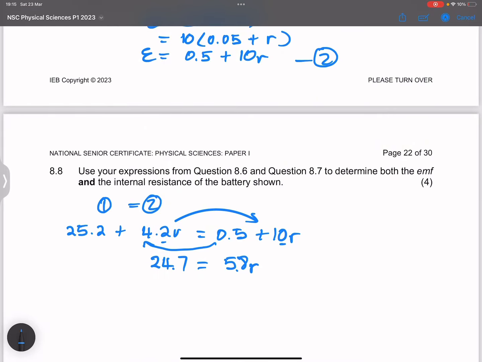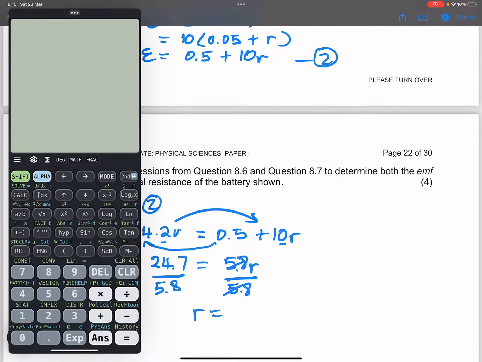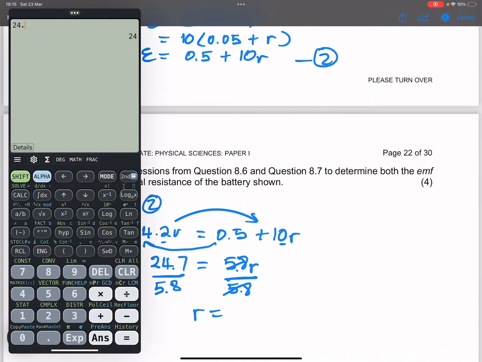All right, and if I divide both sides by 5.8, my value for r is 24.7 divided by 5.8. And I get an internal resistance value of 4.3.